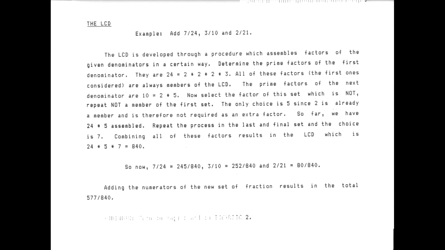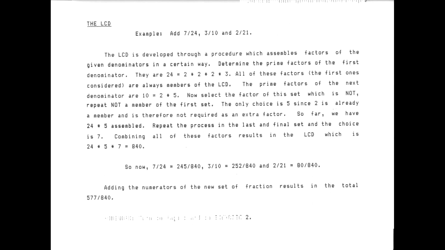Finally, divide 21, the old denominator, into the new denominator, 840, and you get 40. So 40 times 2 is 80, and you end up with 80 over 840, which is an equivalent fraction to 2 over 21.